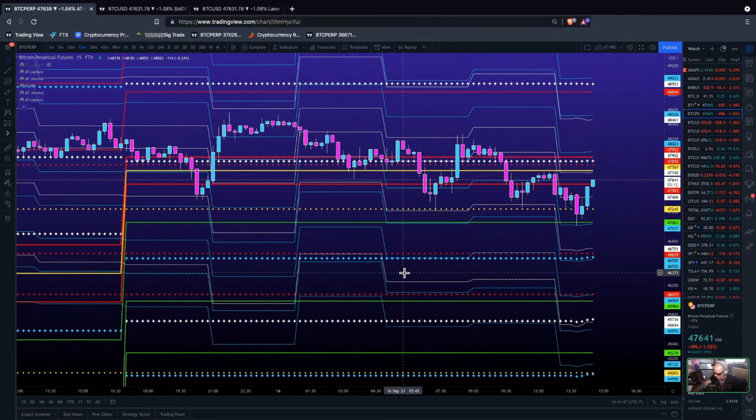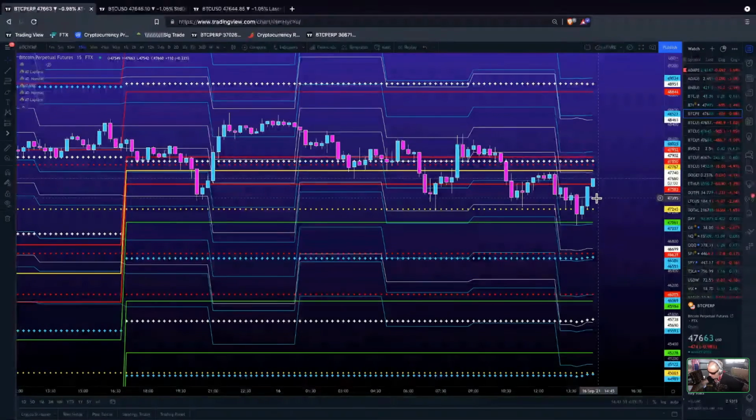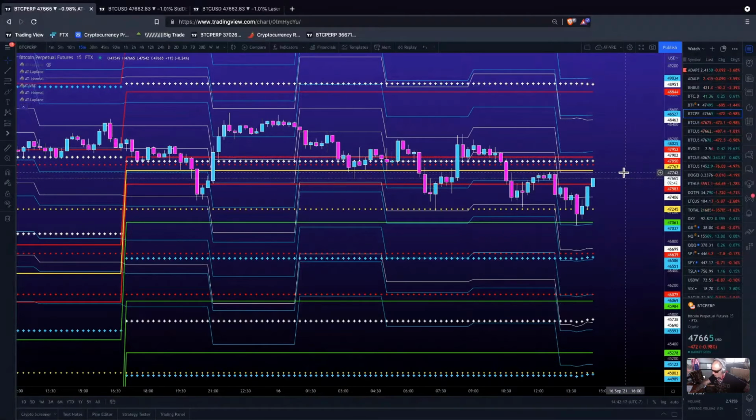This area though, this is like a magnet. I'm surprised it didn't get tested right here. Just a quick wick. Boom. Because now look, boom, we're doing exactly what I thought. If we busted back up inside this 68.3 range, we're probably going to go up and test the center of this daily volatility range, where the top side of the 68.3 on this 4-hour candle. I mean, this is actually good because this new daily range is going to be right in the same area.